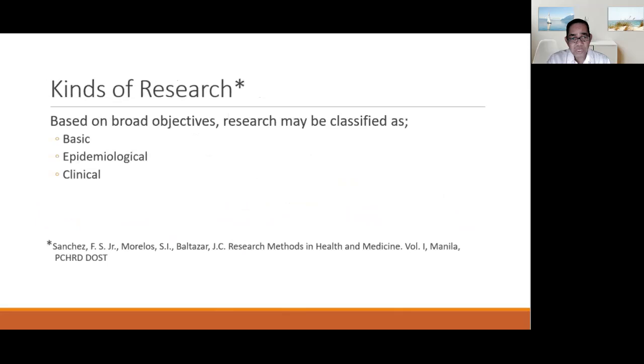And I would like to give you the different kinds of research that we will be giving more emphasis in this class. Broadly, based on broad objectives, research may be classified as whether it is basic, epidemiologic, or clinical.